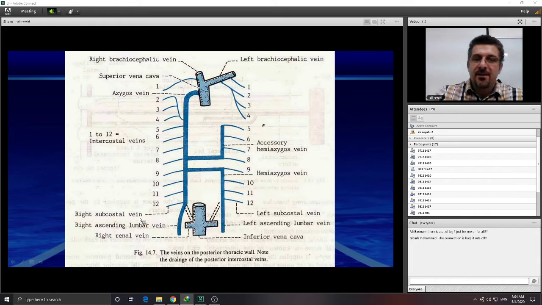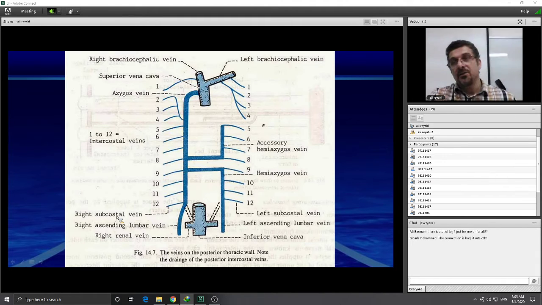The subcostal vein is located inferior to the 12th rib, because we don't have a 12th intercostal space vein, and because of this we have a subcostal vein. Instead of other intercostal spaces, where we have an intercostal vein, after the 12th rib we have a subcostal vein.